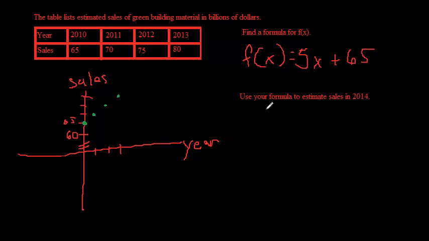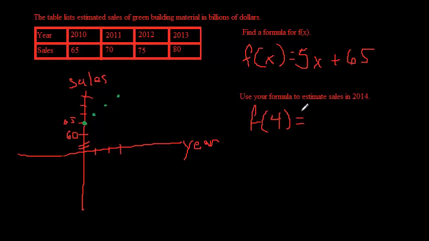We can then use that formula to estimate future sales in 2014. We don't have 2014 on this graph, but we can plug it in, since that is our independent variable, and find our dependent variable, sales. So f of 2014, now again, remember we rescaled this, so that was 0, year 1, 2, 3, so 2014 must be year 4. So we're finding f of 4.